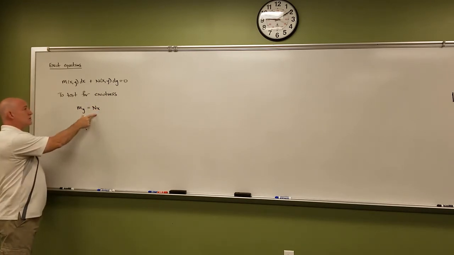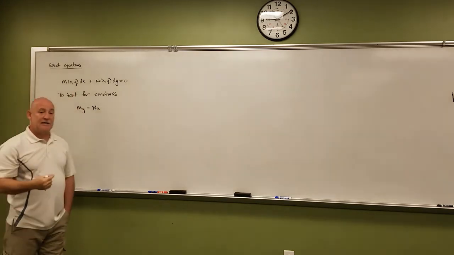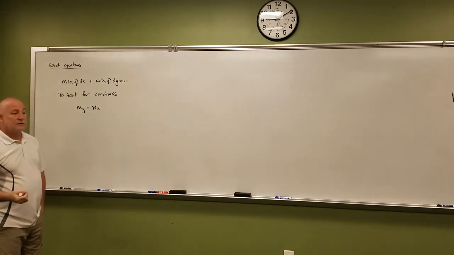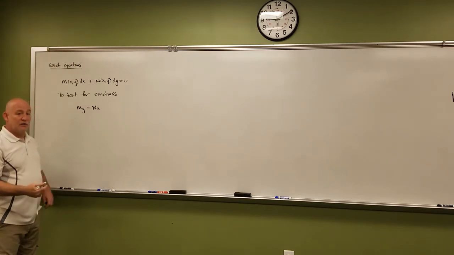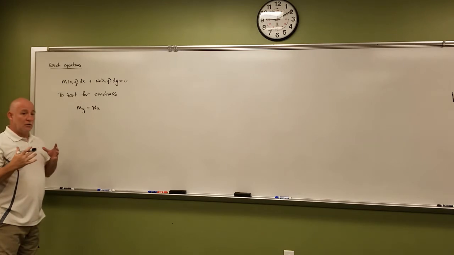If these two things are equal to each other, then the equation is an exact equation. Now, the good news for us is solving an exact equation is very, very simple, at least the process is. But let's see why this works.